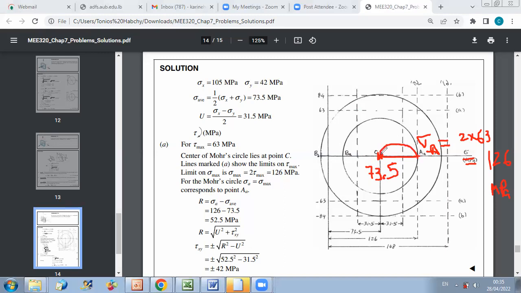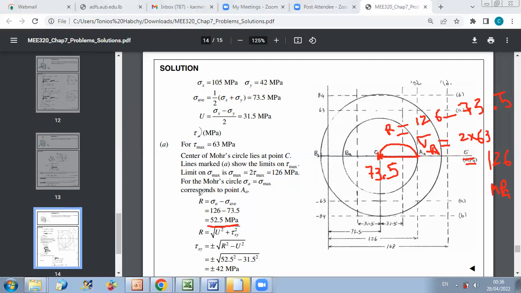So the radius R of the circle corresponding to the in-plane state of stresses is equal to 126 minus 73.5, which is 52.5.